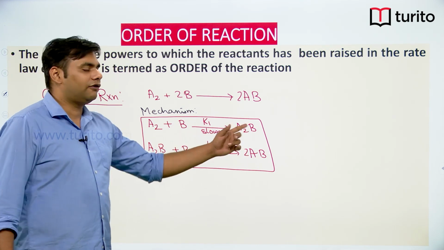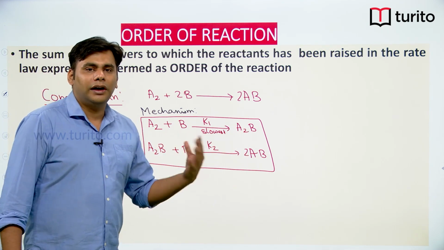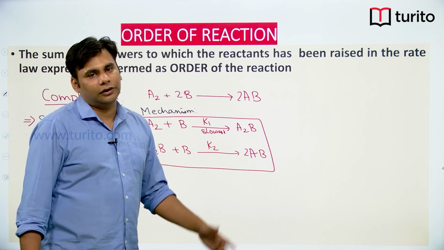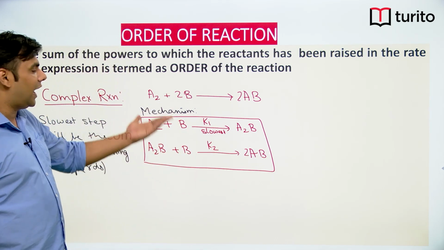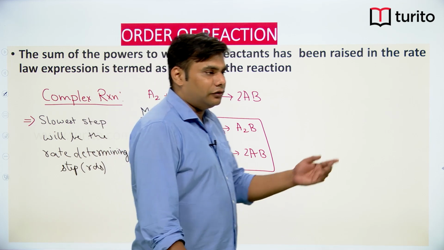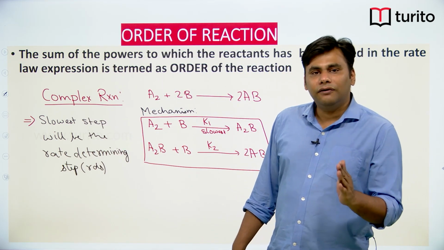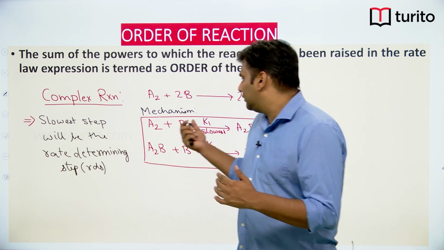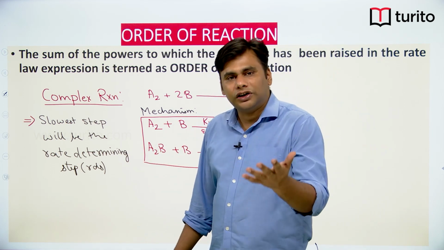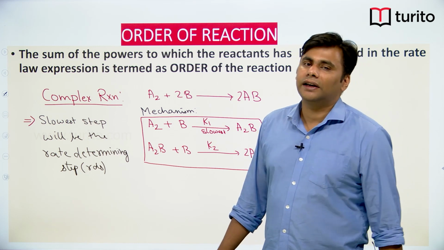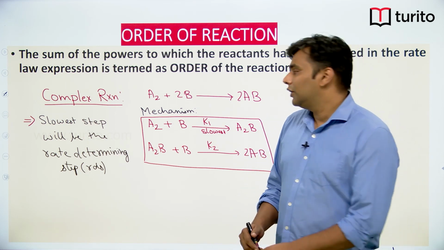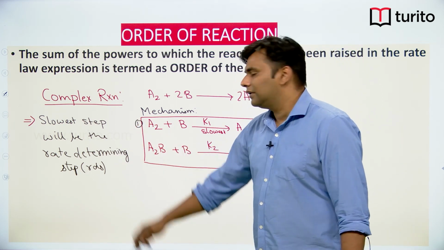Okay. So if we study this first reaction, we will be able to tell more about the reaction mechanism. So whenever we have a complex reaction, there would obviously be 2, 3, 4 or any number of steps. The one which is the slowest among them will determine the rate of the reaction. Okay. So in this case the first step is RDS.